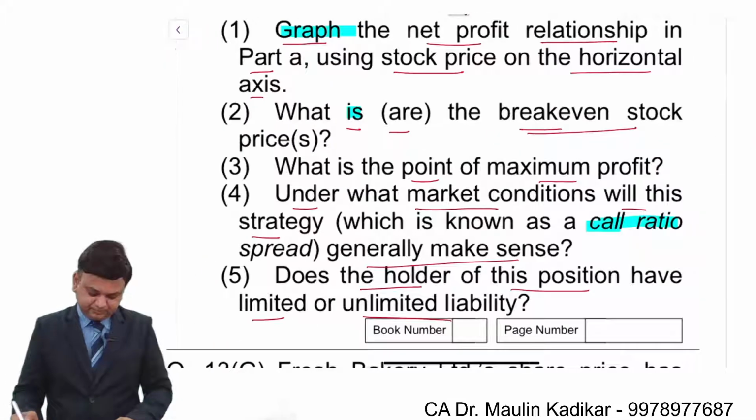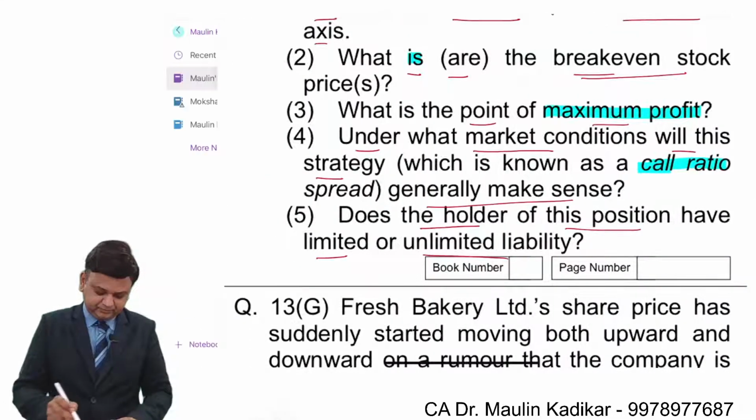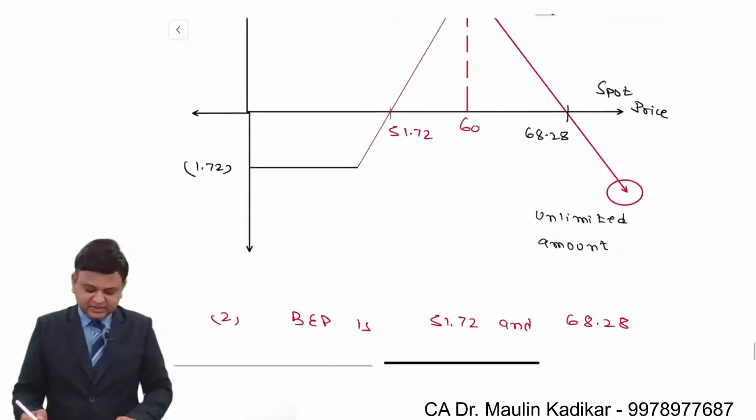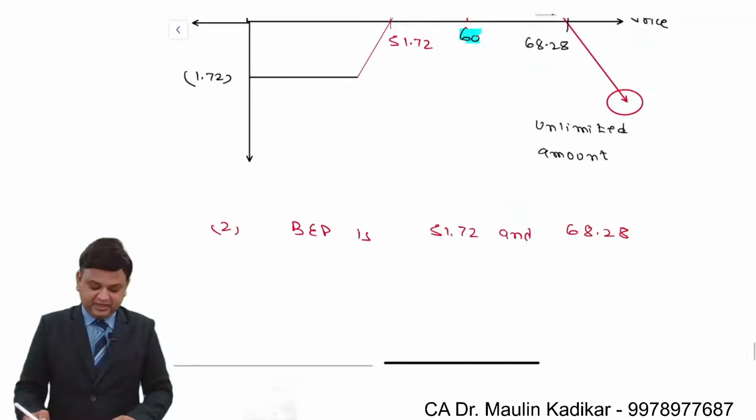Next question, what is the point of maximum profit? We understand that when the spot price of the security is 60, at that point we have the maximum profit.